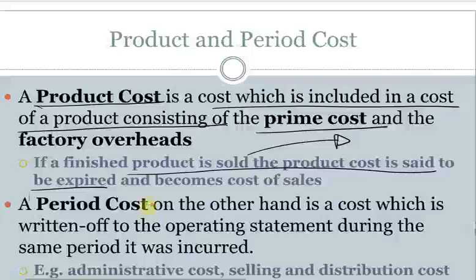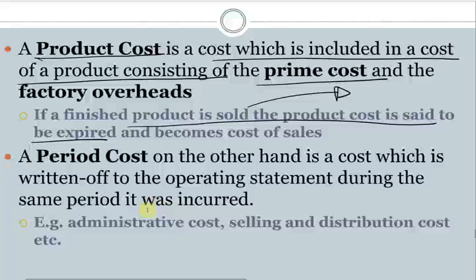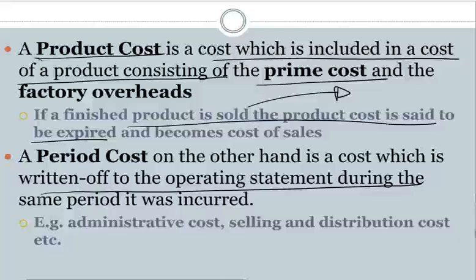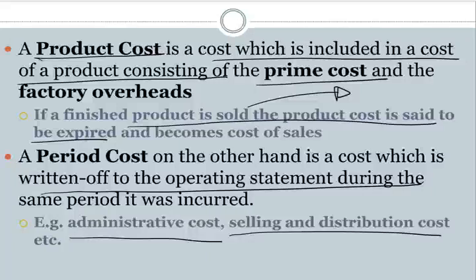Period costs are costs that are included in the financial statement in the same period they are incurred. Despite being consumed or not, if the cost has been incurred in that year, it will be shown as a period cost. Examples of this are administrative cost, selling and distribution, etc. These costs will be included in the financial statement in the year they are incurred.